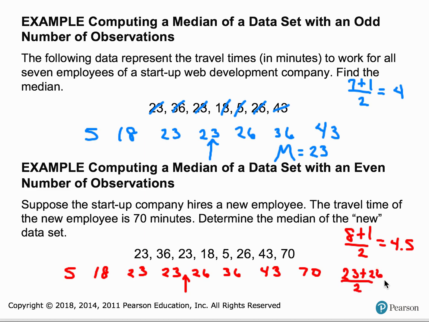Add them together and divide by 2. So 49 divided by 2. So what's that? 24.5. Okay, so that's the median for this new data set.